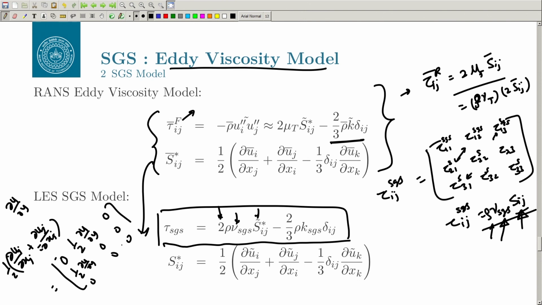And then if you do Sij Sij, basically a term to term multiplication, that will be half del u by del y squared plus half del u by del y squared.